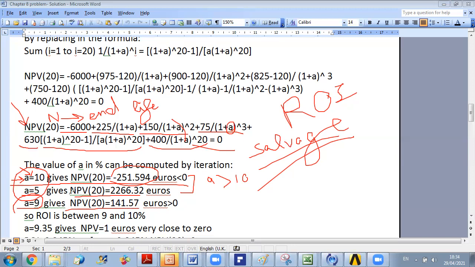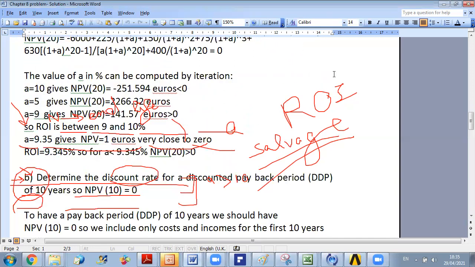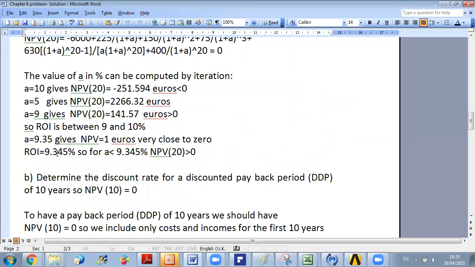So you can be sure now that the ROI is between 9 and 10, because for 9 it's a positive value, for 10 it's a negative value. So if you do some trials, you will end up with the accurate value of the ROI. So here your ROI is close to 10.